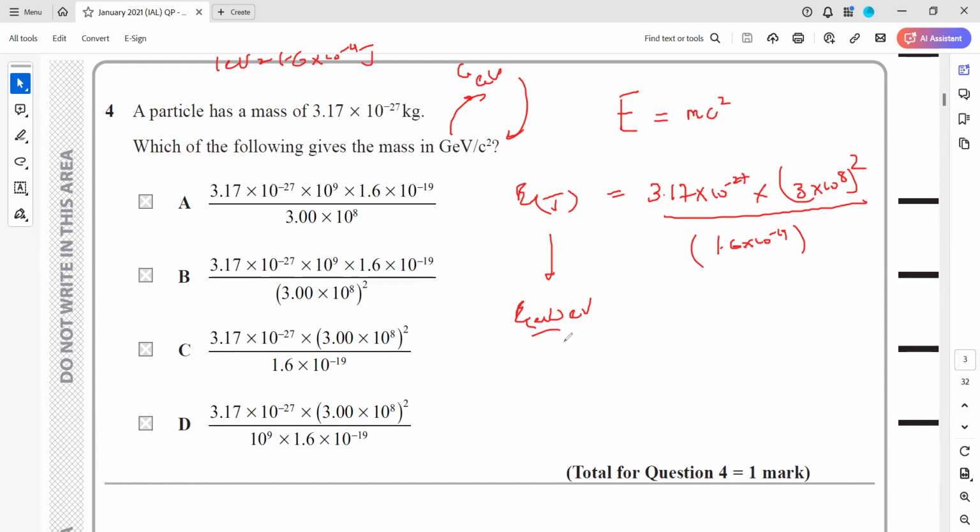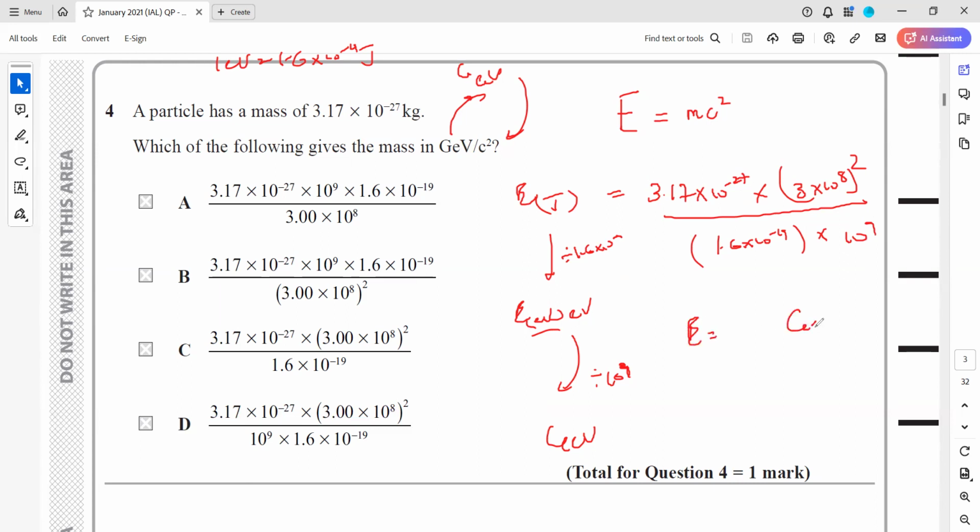But we have electron volt and we want the final answer in giga electron volt. So to convert electron volt into giga electron volt, we have to divide by 10 to the power 9, since giga means 10 power 9. So when we divide, we will get energy.